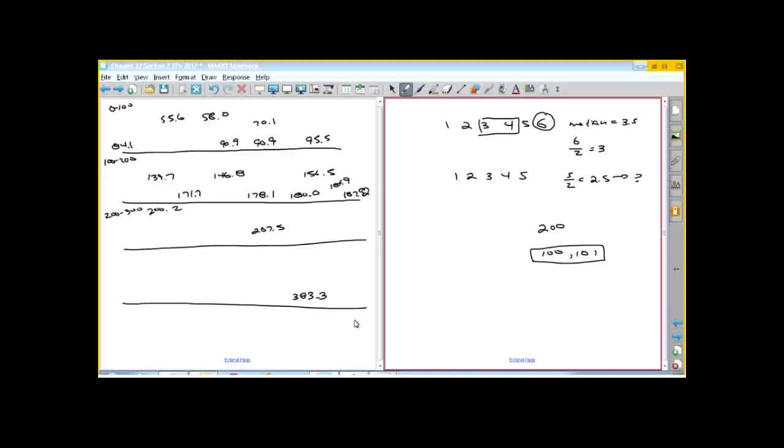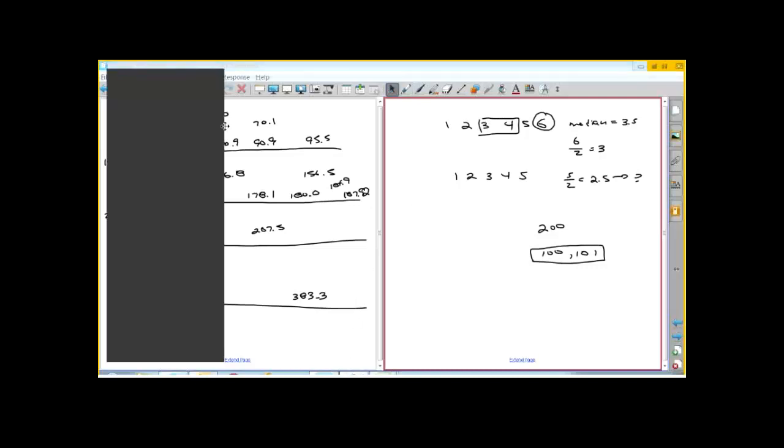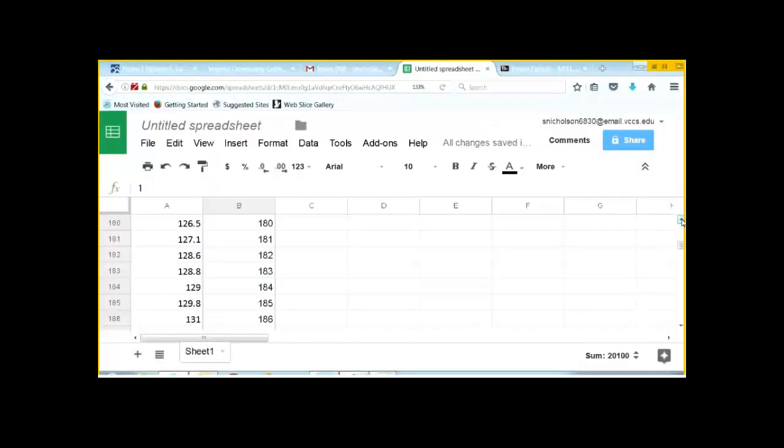Okay, so that means if I go back to my spreadsheet and use that rule, in this case I have 200 data points. So the 100th and the 101st numbers, averaged together, should be the median.